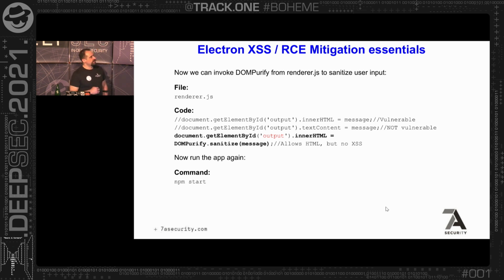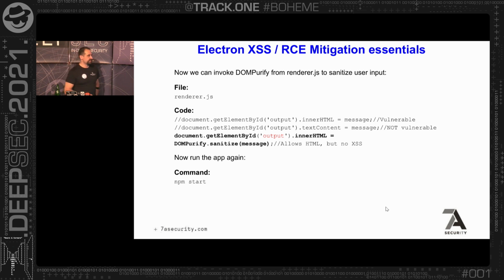Now, this is useful, and it will mitigate XSS, but there's an even better way to use DOMPurify, which is to pass a parameter where you specify a whitelist of the only tags that you want to allow. So for example, if you only want to allow italics, bold, underline, then you would put that as a whitelist, and that will ensure that an attacker can only use those tags in addition to the sanitization.